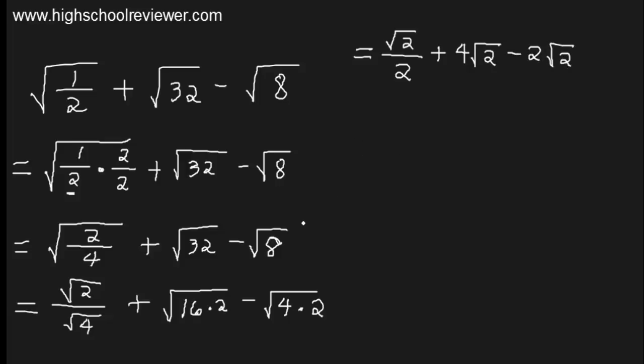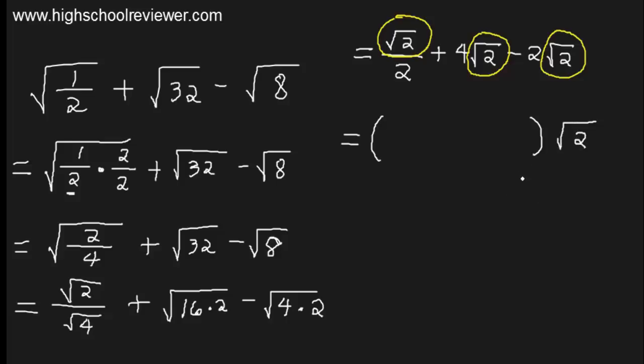Okay, looking at the three expressions, we can see that square root of 2 is common among the three terms, so we can move out square root of 2 from the three terms.